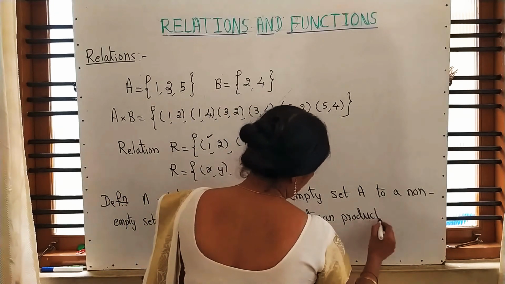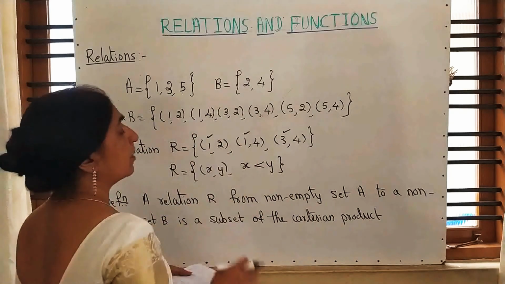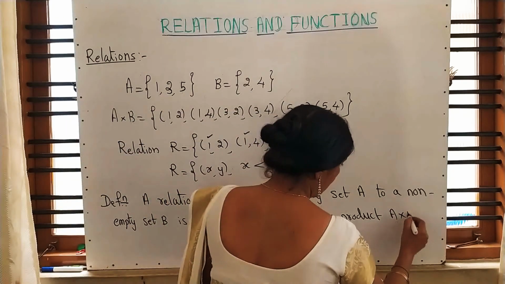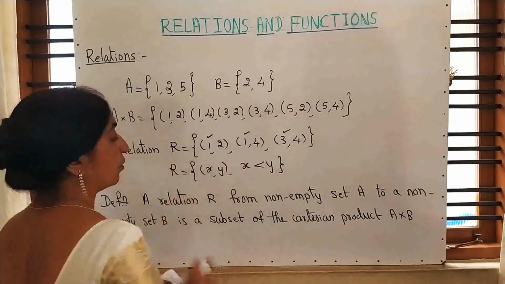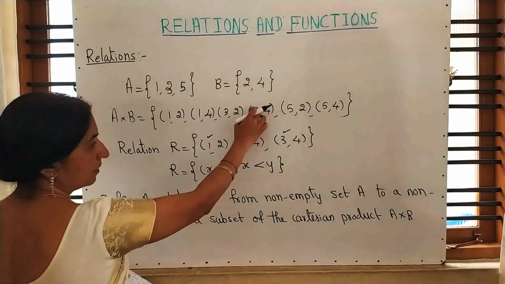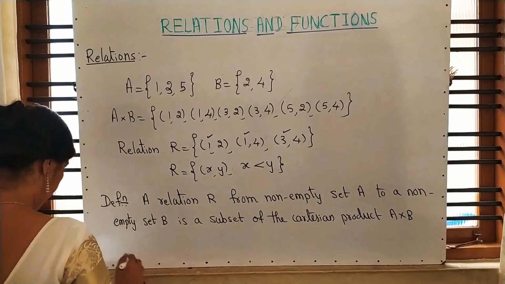See, here I wrote the Cartesian product. From that only I am selecting. You can select all the ordered pairs or a few. Cartesian product A cross B. Yes, obviously R is a subset of A cross B. This element is here, this element is here, this element is there. The relation R is a subset of A cross B.